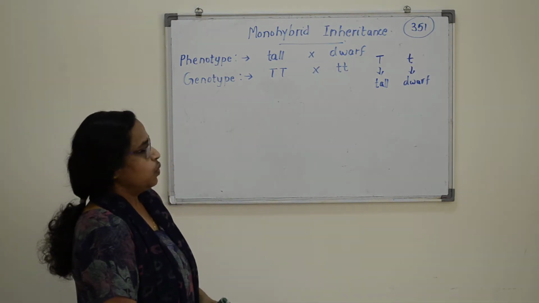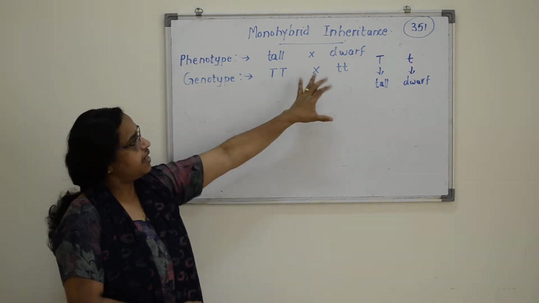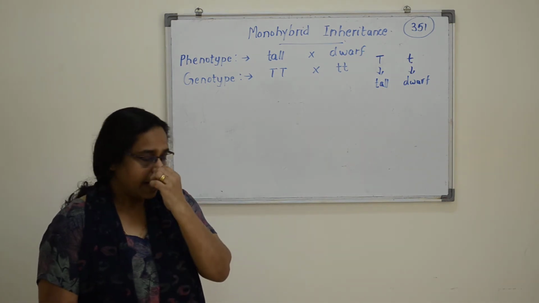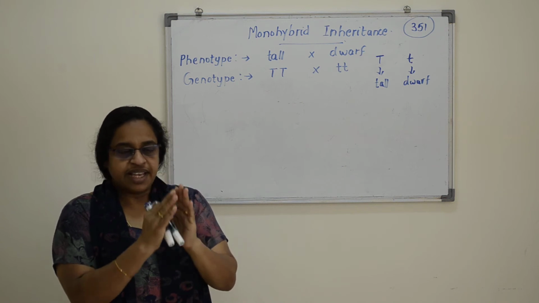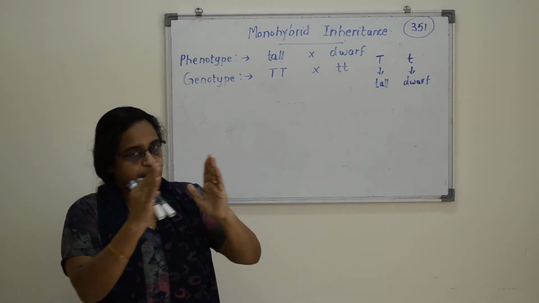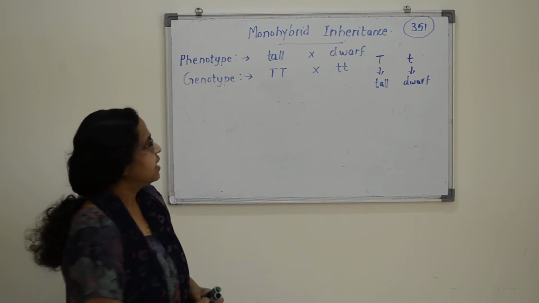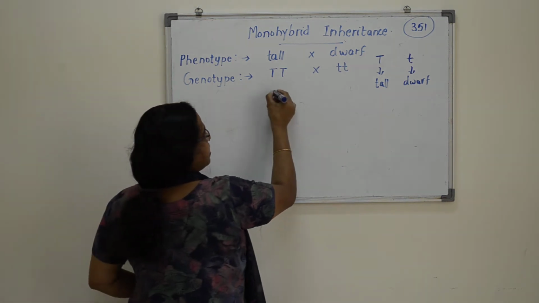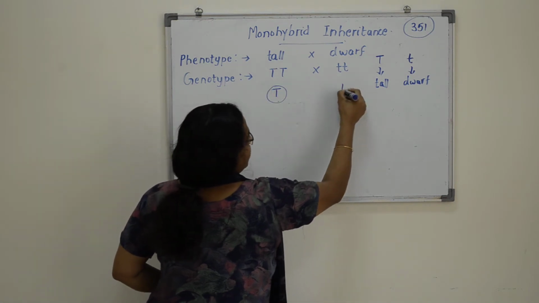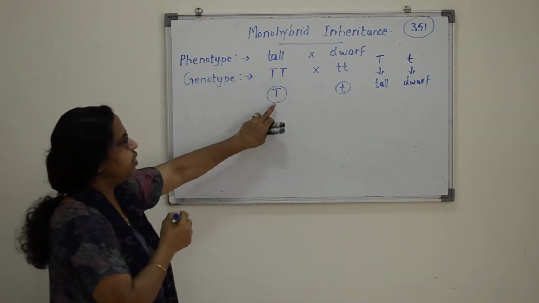Okay. Now, these are diploid cells. Each diploid cell will have this genotype. And you know that during gamete formation, the cells become haploid. That means the alleles will get separated. Chromosomes will get separated along with the alleles, so that each cell will have only one set of alleles. And here both are the same, so you can write only one set.